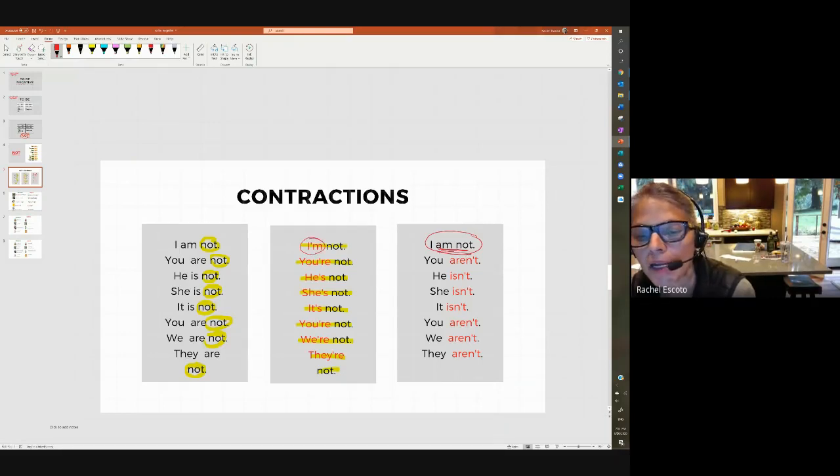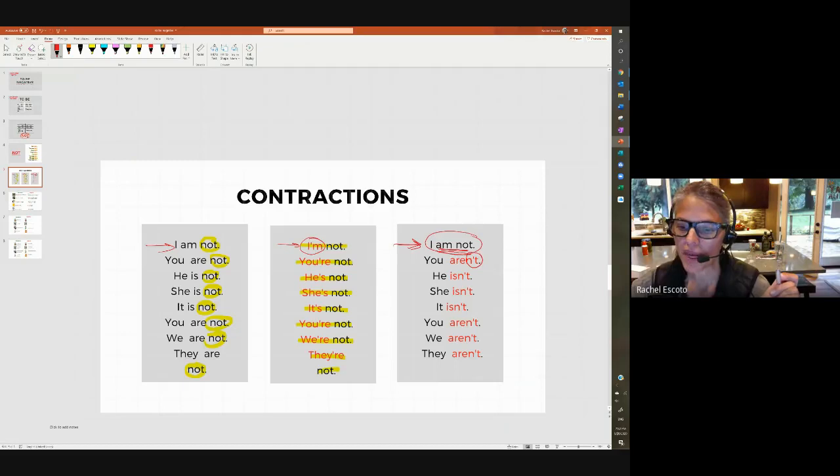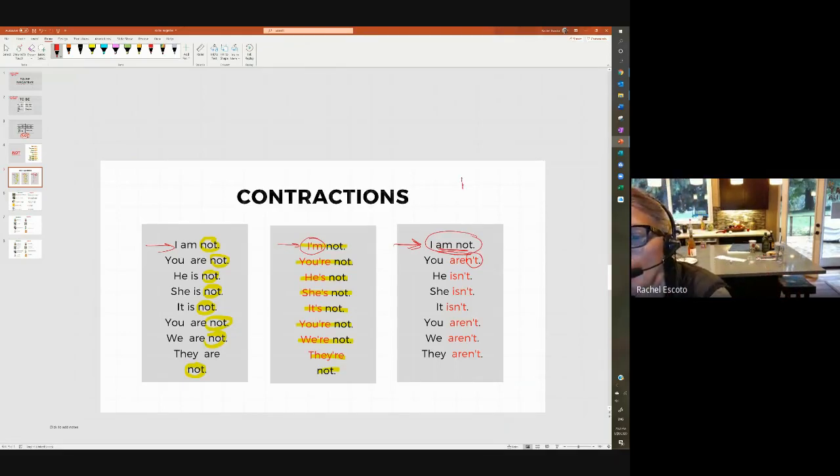So it is always going to be I am not or I'm not. But for the rest of these, when we connect the not and we make a contraction, we put that apostrophe between the N and the T. Why? Because the word is not, and what we're doing is taking out this O and adding an apostrophe.